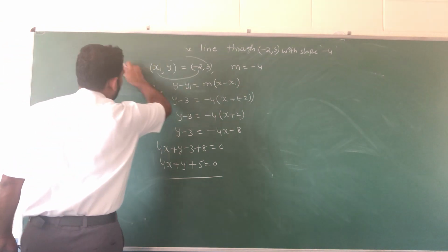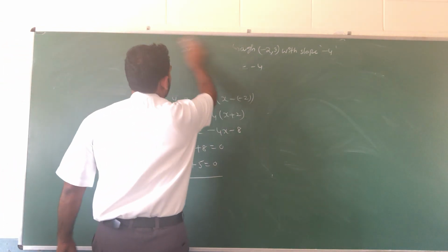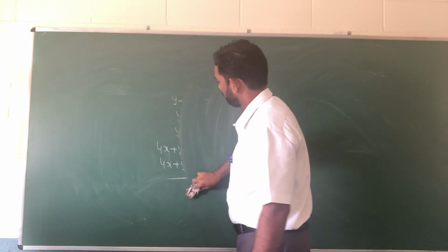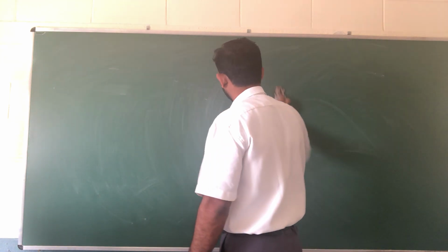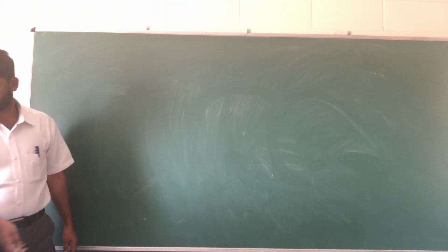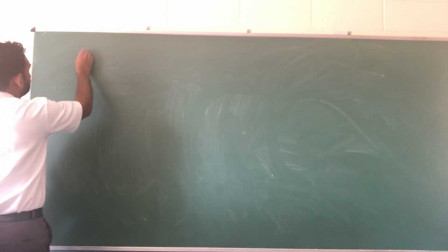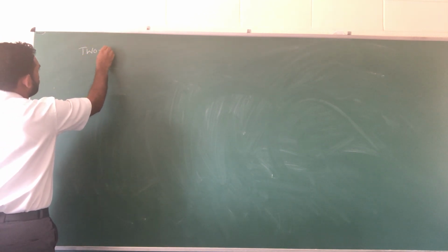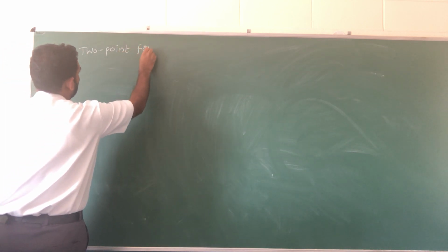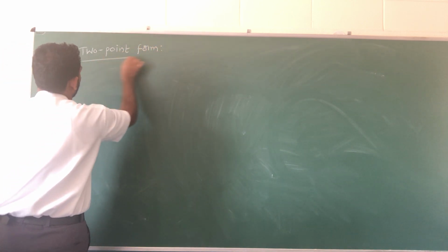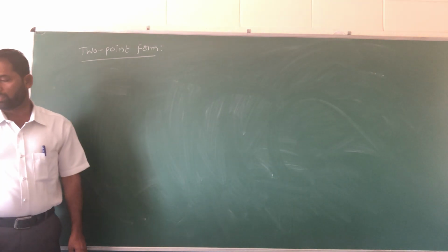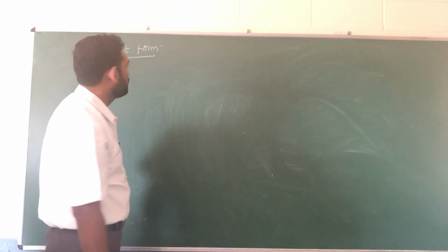Then the next formula is the two-point form. If they are given two points, that is the two-point form.